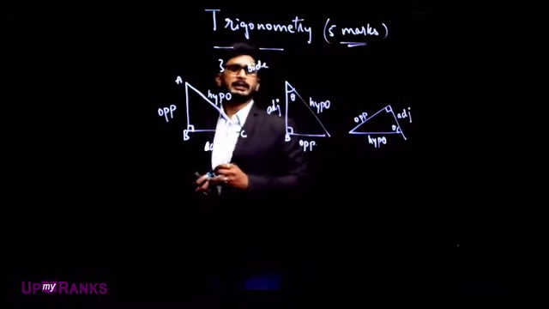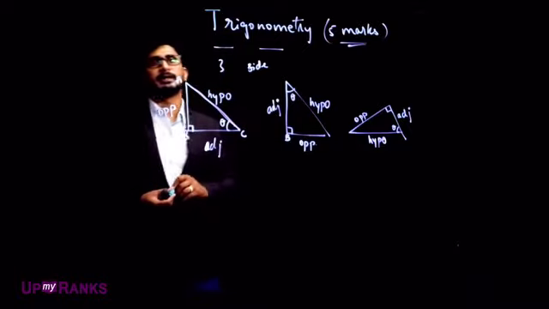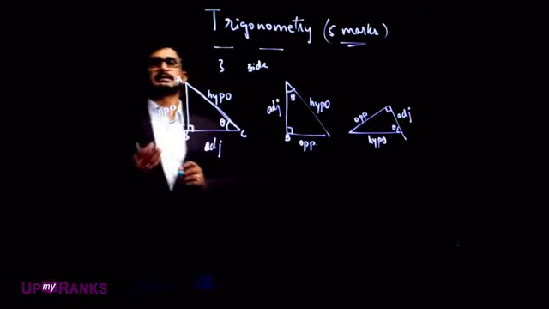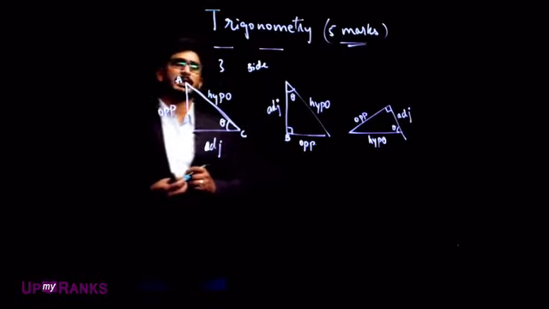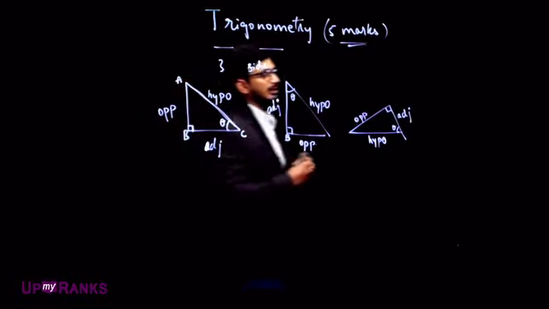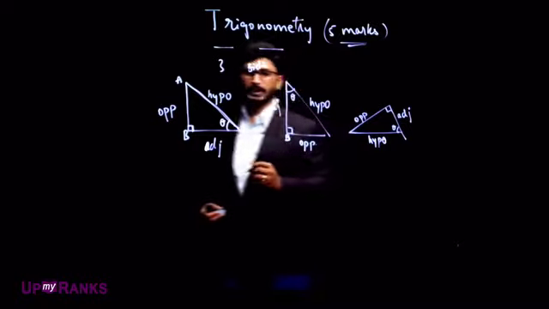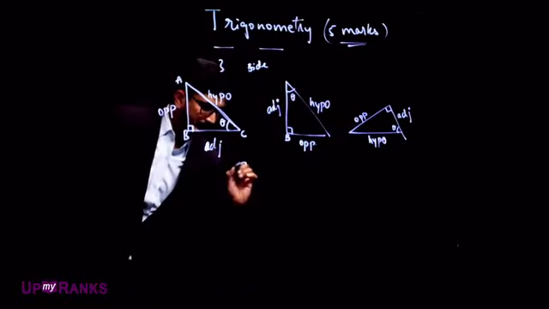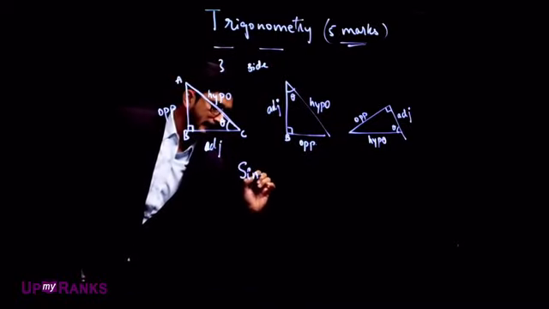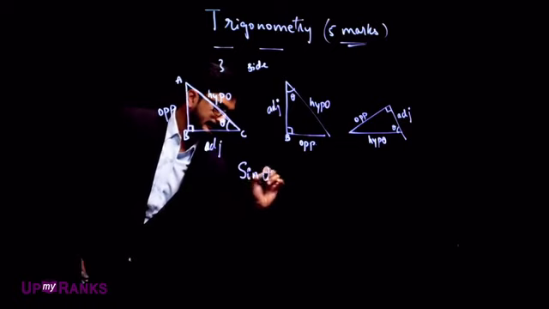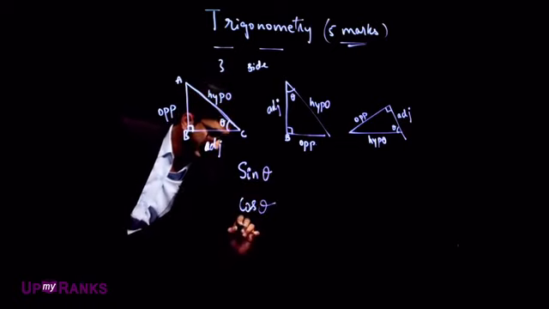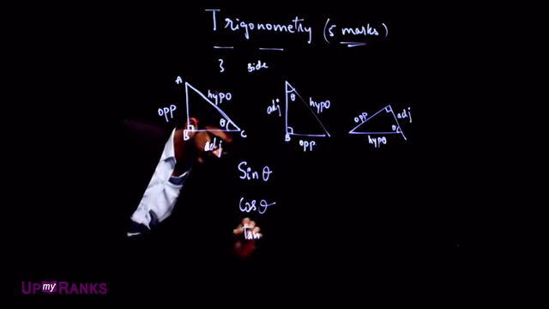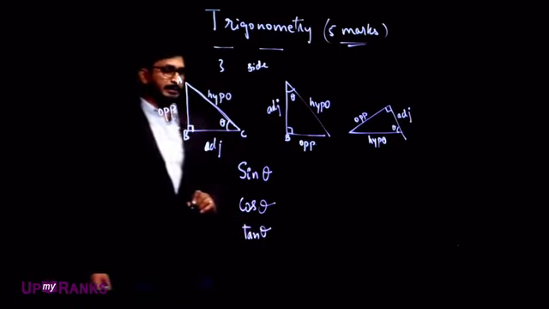So basically in trigonometry we deal with 6 basic trigonometrical ratios. What are the 6 trigonometrical ratios? We have sin theta, cos theta, tan theta.